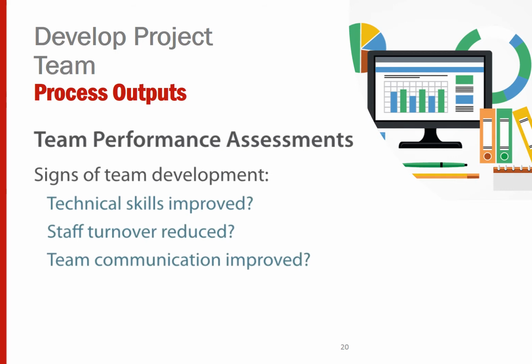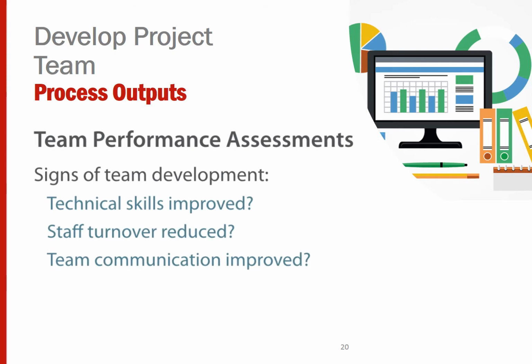Certain signs and behaviors demonstrated by the team will tell you whether they are developing as a team or not. Some of the behaviors would be technical skill improvements. If the team is improving on the technical skills, that will show that the team grows. Also, staff turnover rate.